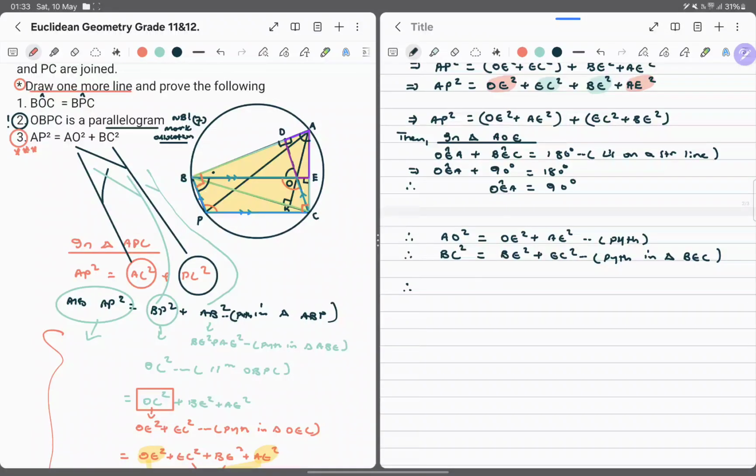Yeah, guys, there's too many conclusions, but it doesn't matter. AP squared is equal to this group. OE squared plus AE squared gives us AO squared. Plus, we saw that EC squared plus BE squared. This is not G, it's E.